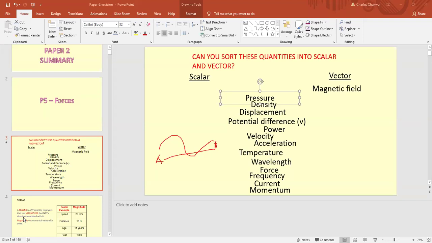And momentum, I think momentum is a vector. Momentum has something to do with mass times velocity. That's the formula. So because of that, momentum is a vector quantity.